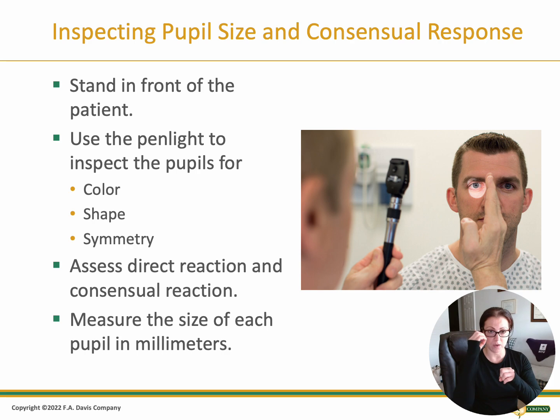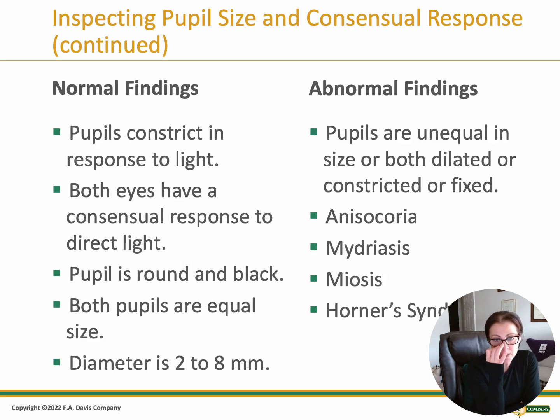Both of your eyes, no matter what eye is getting more of the light source, they should both do the same thing. One pupil should not be constricted while the other is dilated. They should always constrict together or dilate together. And this all has to do with cranial nerve number 3. Cranial nerve 3 is what helps with the dilation and constriction of the pupils. And normally the constriction should be about 2 millimeters and dilation should be about 8.